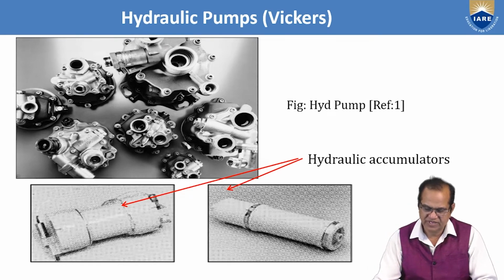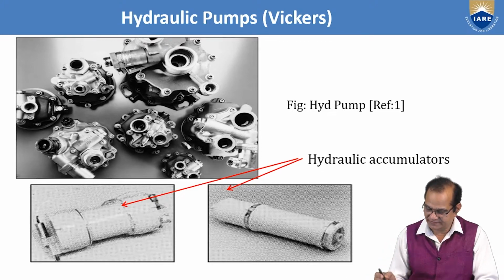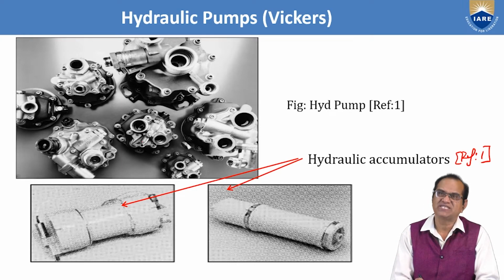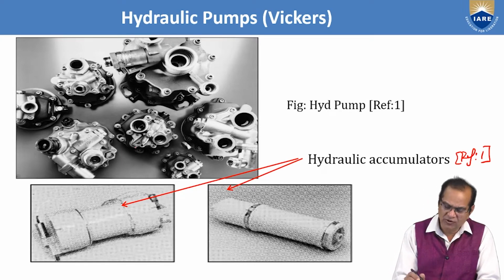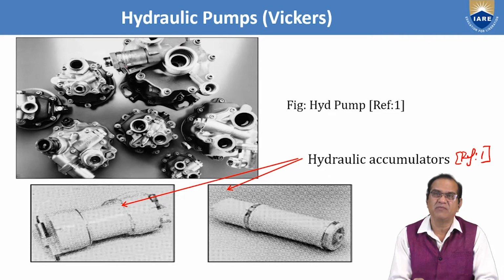Here I am showing some drawings of hydraulic pumps. They are from Vickers, and here they are from reference 1. These pictures are taken, and the hydraulic pumps look like this. They are very simple, very small, maybe 1 kg or 2 kg of weight, but they are made very complicated.